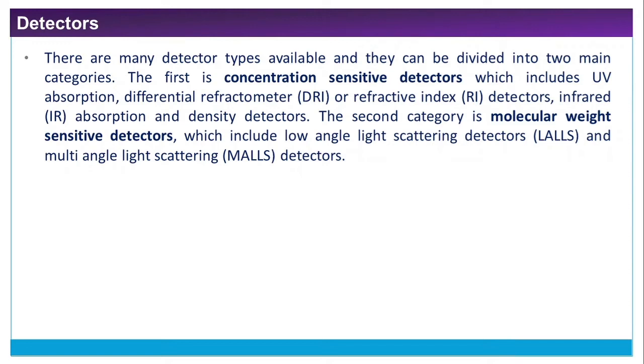is the molecular weight sensitive detectors. For polymers, this is another type of detector which gives an idea of the molecular weight of the components present in the eluate, and includes low angle light scattering detectors like LALS and multi-angle light scattering, that is MALS detectors. So there are many types of detectors, but these are the main types, that is concentration sensitive detectors and molecular weight sensitive detectors.